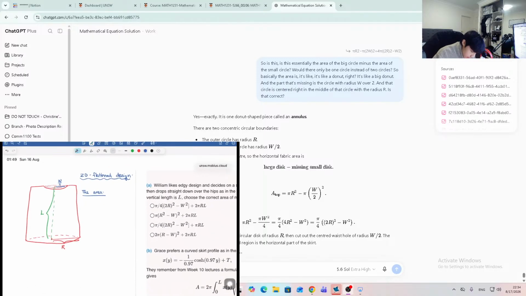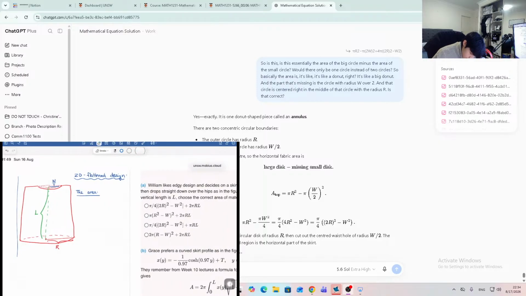Basically think of this now as a 3D box. And now you've got things that are 3D, right? So you basically got this big box, and you've got this waist diameter here, and you've got this waist diameter there.